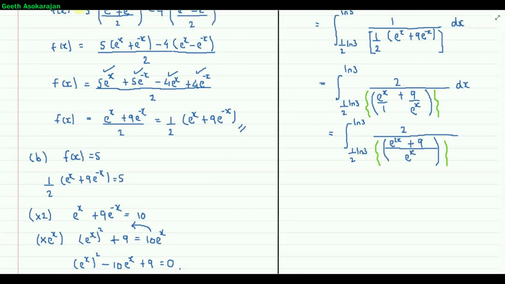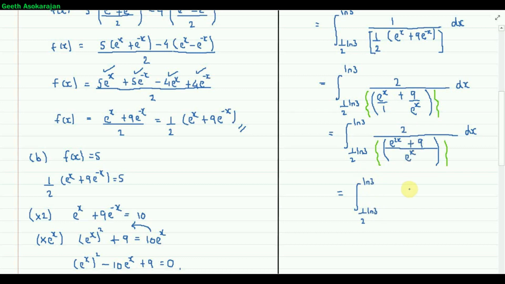And if I go to my favourite colour, blue, now let's tidy this up, so let's not forget the dx. So in the next step, we're integrating between half ln 3 and ln 3.